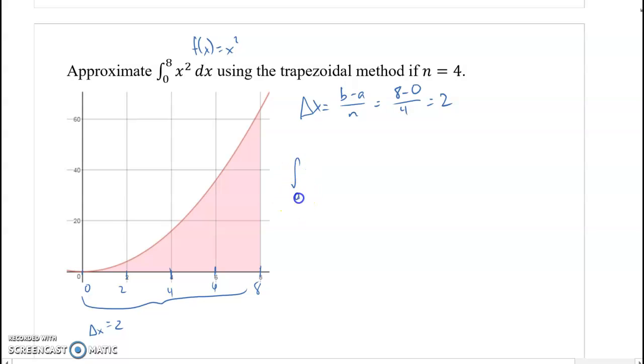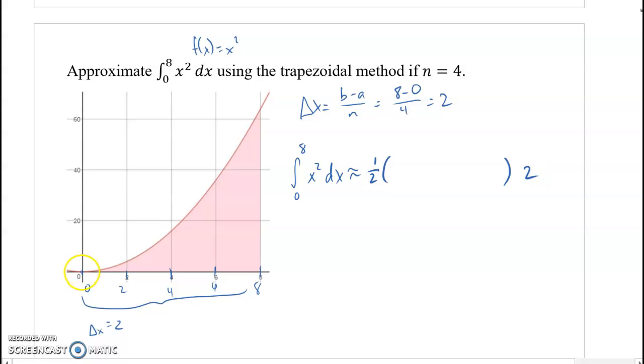So we can actually combine this all together and say, well, let's see. The integral from 0 to 8 of x squared dx is going to be approximately equal to, let's see, our delta x value is the same for all of those, so that's going to be 2. Well, let's put that at the end, actually. I prefer that at the end. We have the area formula is 1/2 times the sum of the two heights, and then times dx.